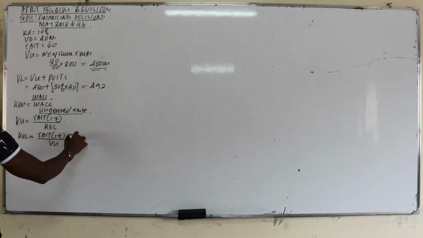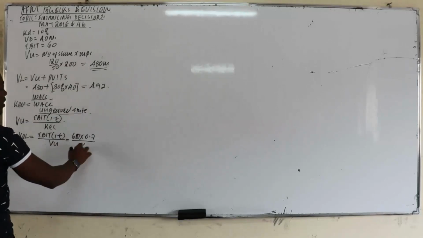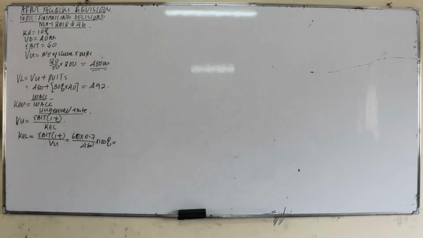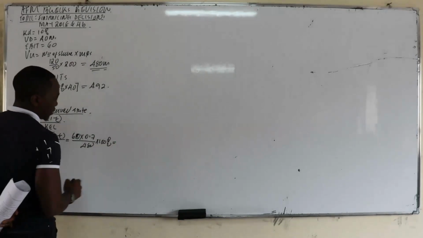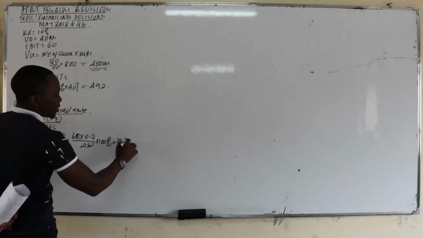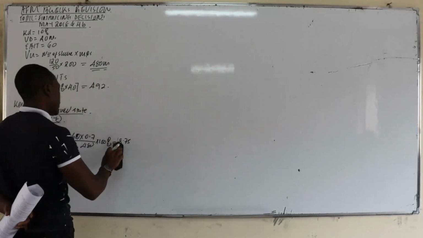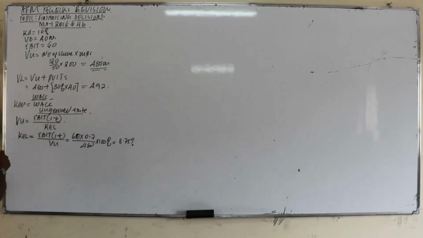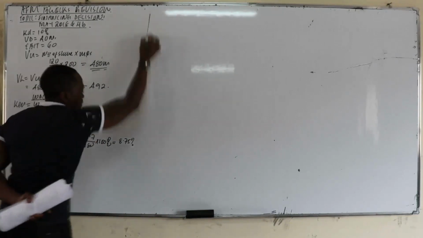EBIT we have is 60, 1 minus T is 0.7, and the value of the ungeared firm we have is 480. 42 divided by 480, you get 8.75. So the WACC of the ungeared firm is 8.75%.